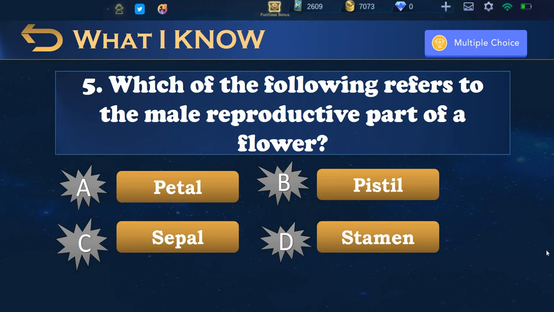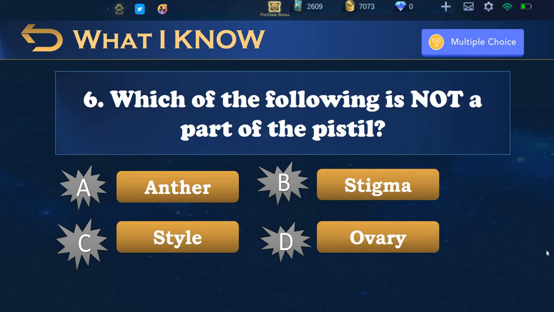Let's have number 5 question. Which of the following refers to the male reproductive part of a flower? Is it A, petal, B, pistil, C, sepal, D, stamen? Go. Time is up. The correct answer here is letter D, stamen.